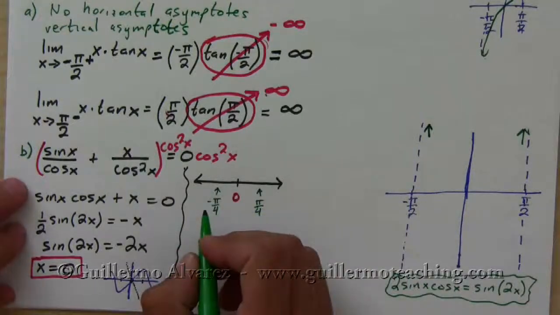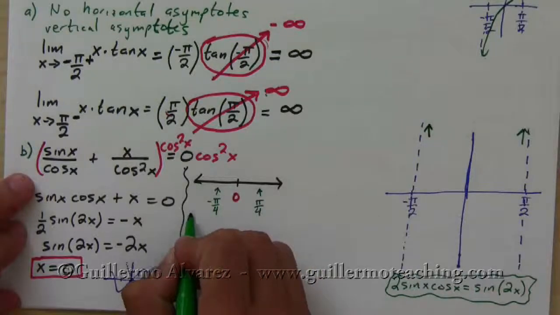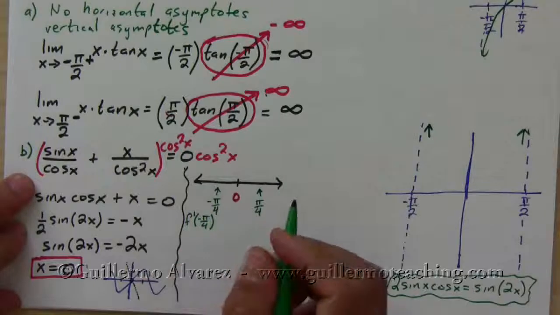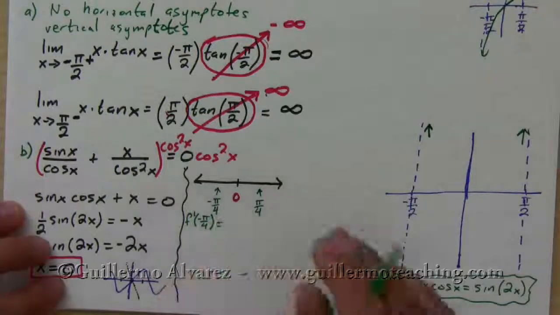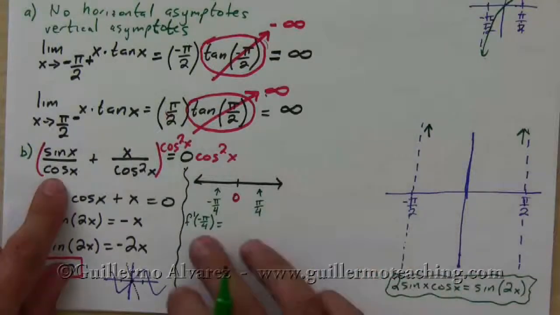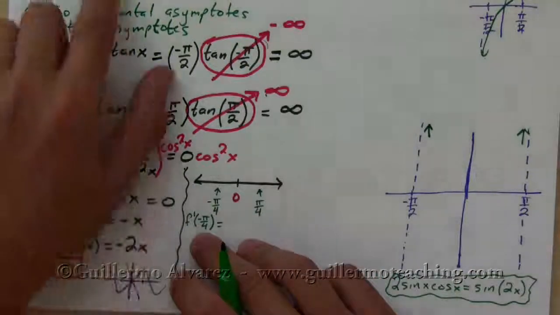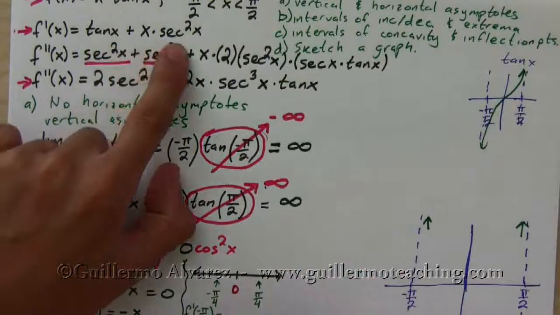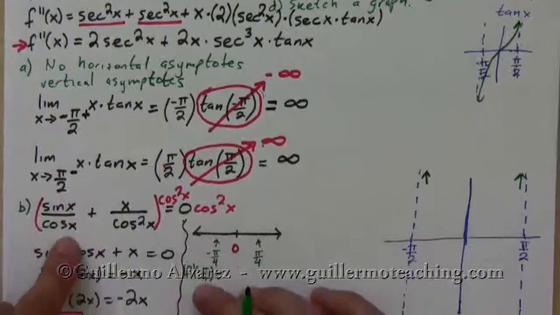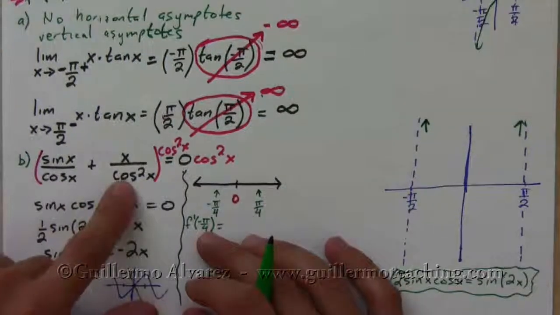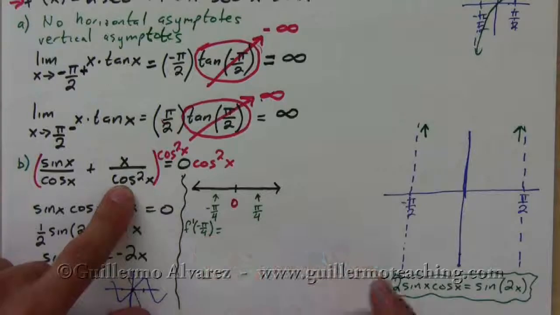I'm going to plug those into the first derivative. It's kind of up to you: you can either plug it into the original one that we have up here, tangent plus x secant squared x, or you can plug it into this one that we turned into sines and cosines.